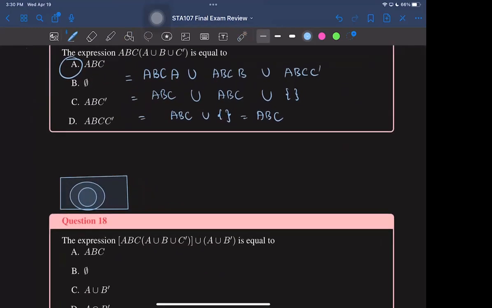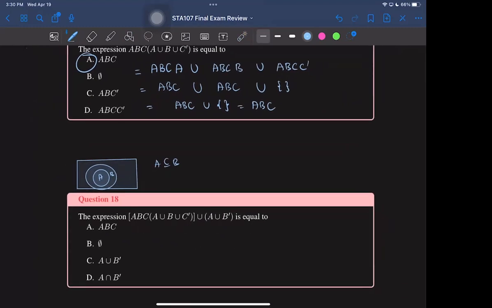Also, if you think about it, if A is a subset of B, then A intersect with B is just A, and A union with B is B. Because A intersect with B is the overlap between two sets, which is just the smaller circle A, and A union with B is whichever area we have shaded, which is the bigger circle, so it is B. You might find that this property will be useful when you expand this.